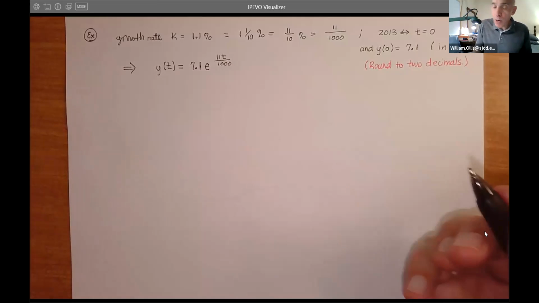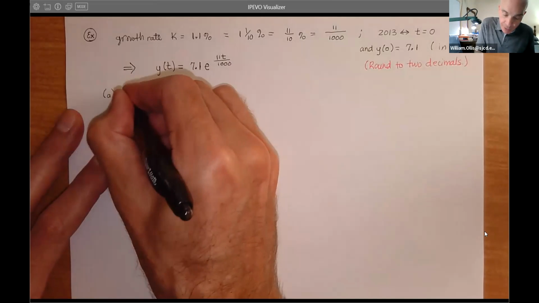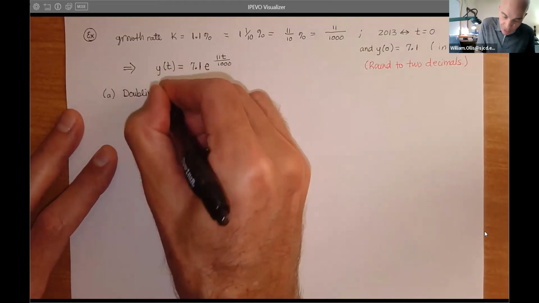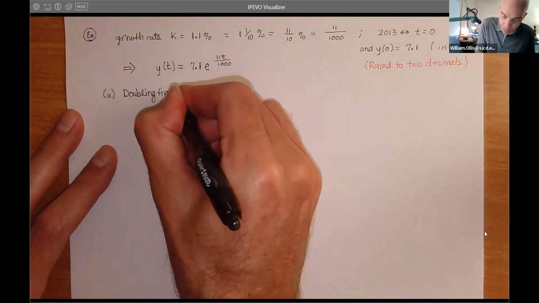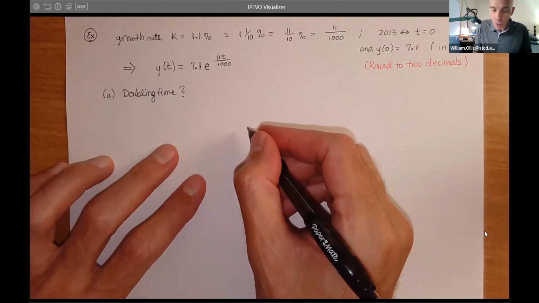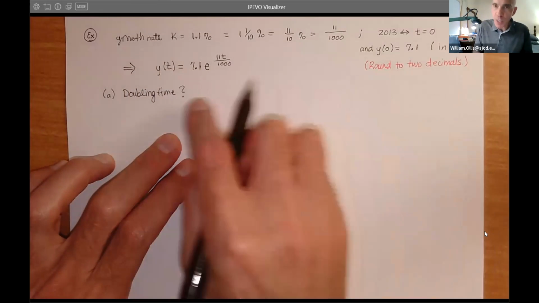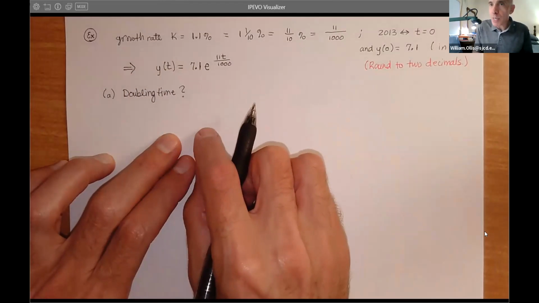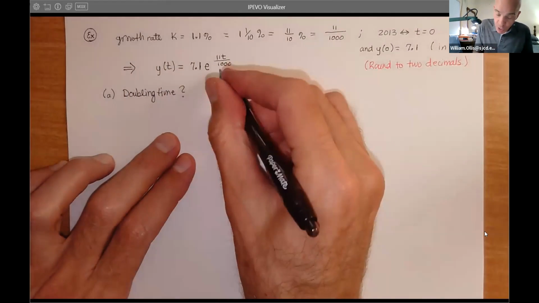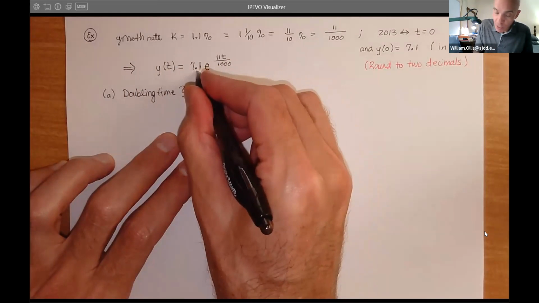Now, here's the question. We want to know the doubling time. Doubling time is what? For instance, if we're thinking about maybe population of the world, how long does it take the population to double? What's the doubling time? Just like we would say doubling time for an investment. So now this will just basically say, and if you want, we can just say this is y sub 0.